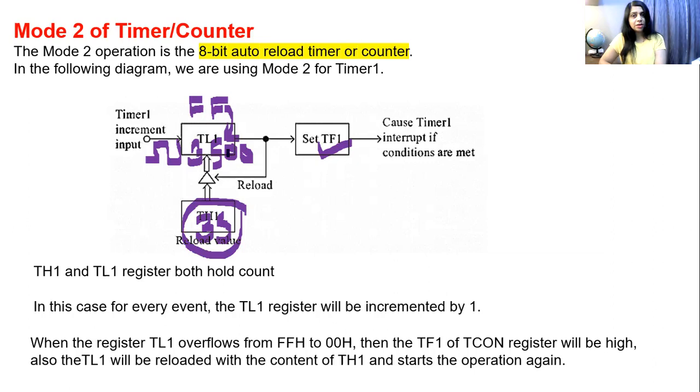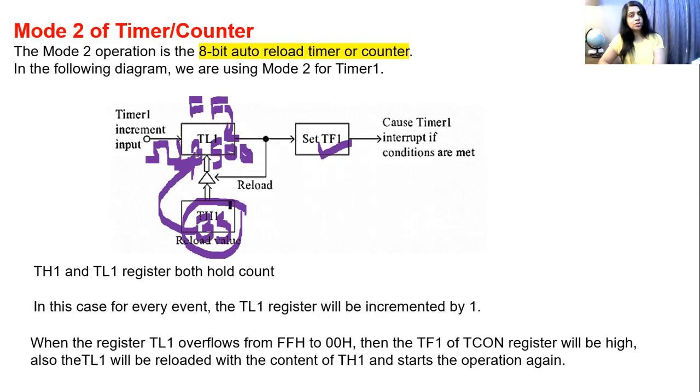So after it becomes 00, it will again reload the same count into TL1. That means again it will reload this 35 into TL1, and TL1 will start incrementing from 35, that is 36, 37, 38 till FF. Then again it will become 00, and again it will reload 35, and then 35, 36, 37, 38, and so on.